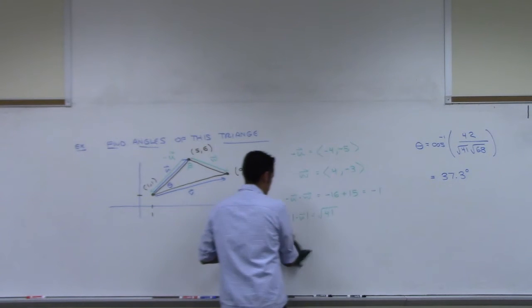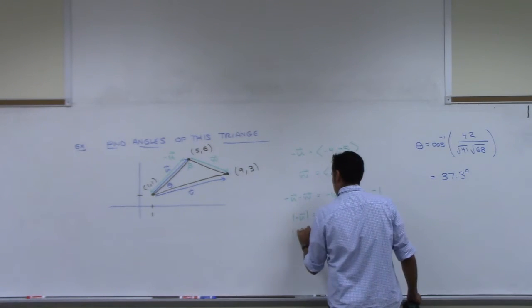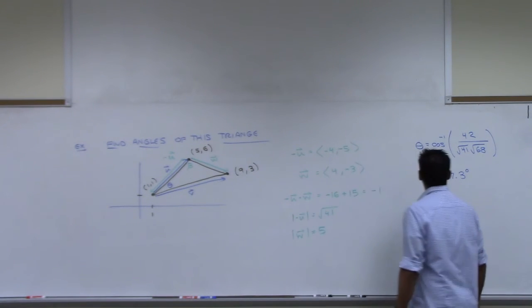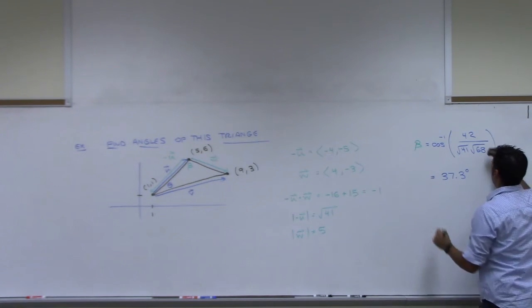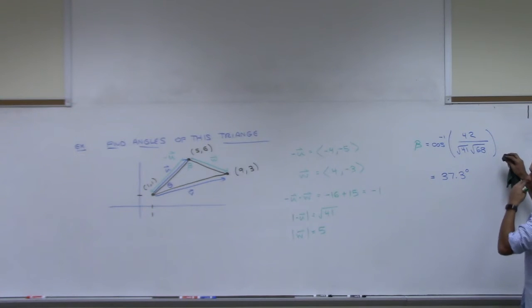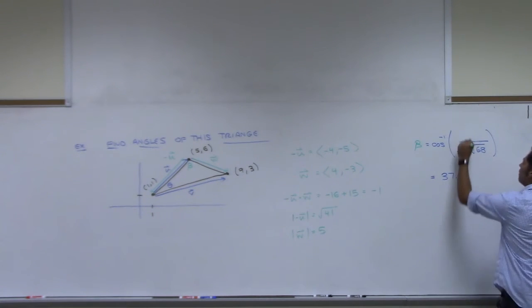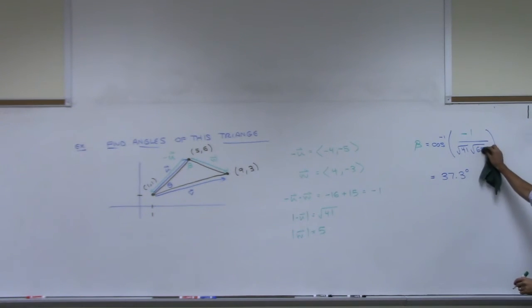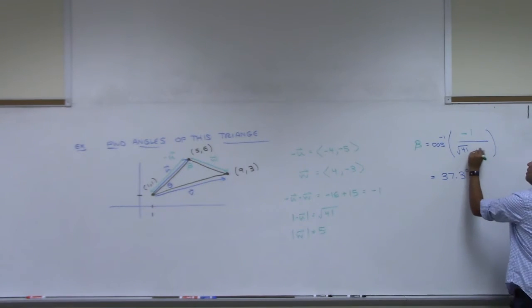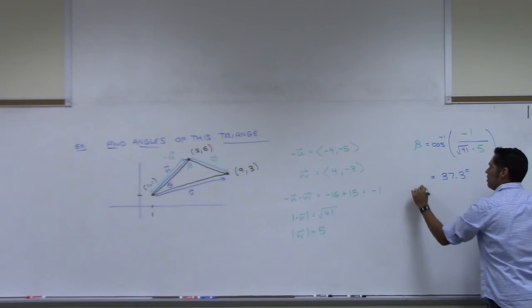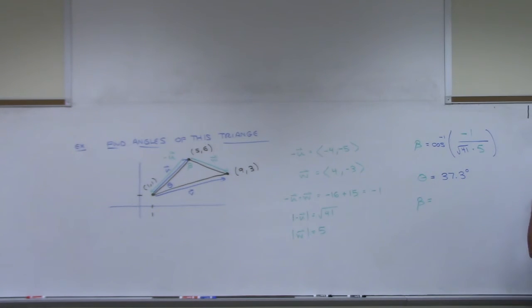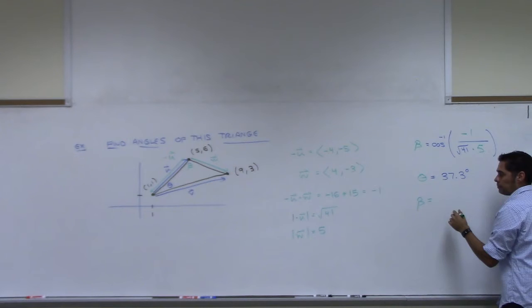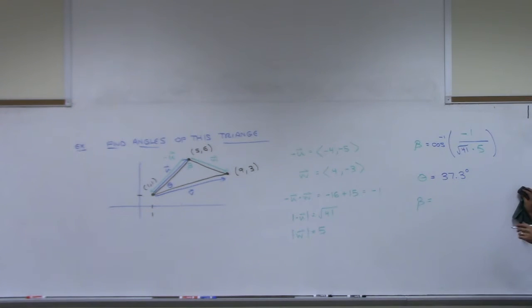Magnitude of w, what did you say it was? 5? Oh, nice. Okay, so then we come over here and we say beta is arc cosine of negative 1 over root 41 times 5. And then beta, what do you get? You got some? No?